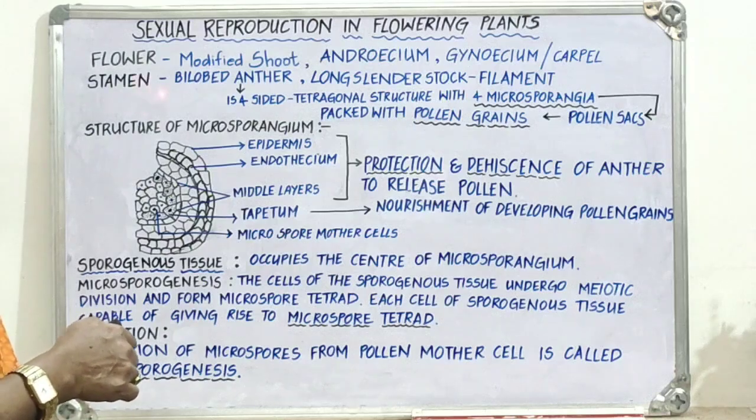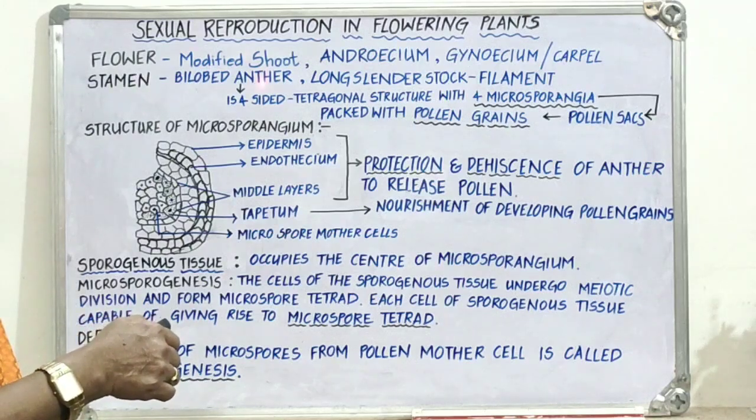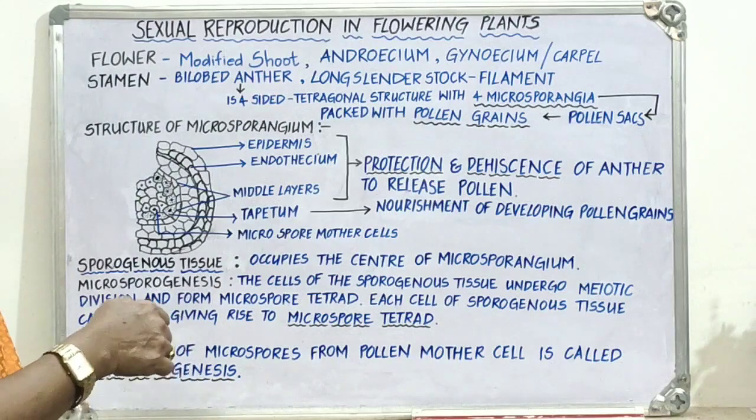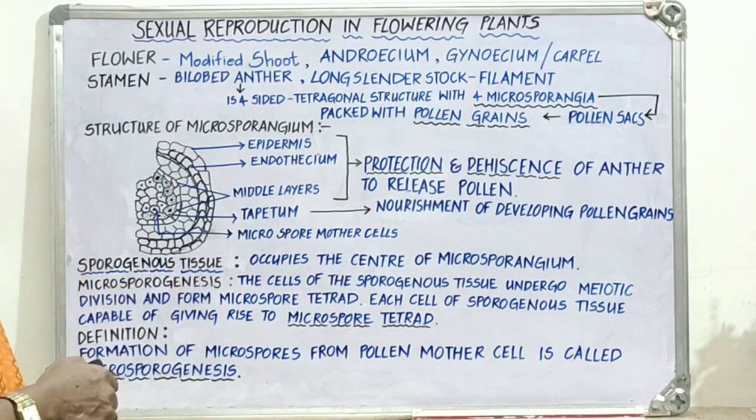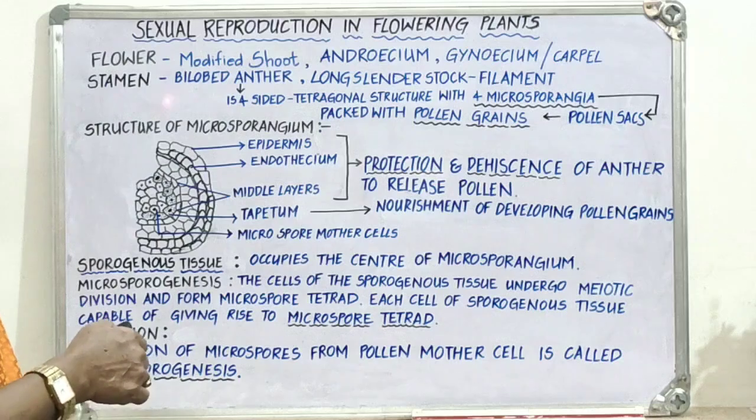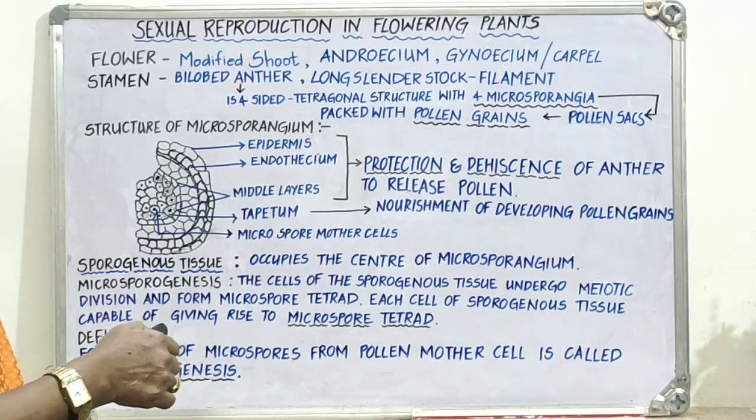In this, we'll see anther is the part. Outwardly, if you see the anther, it is showing bilobed condition. So 2 united lobes we'll see. That is called bilobed anther.